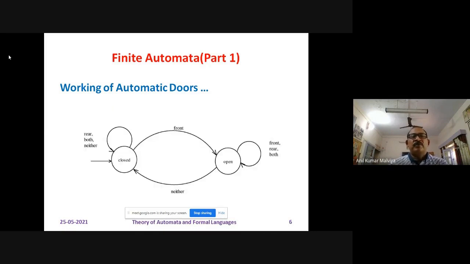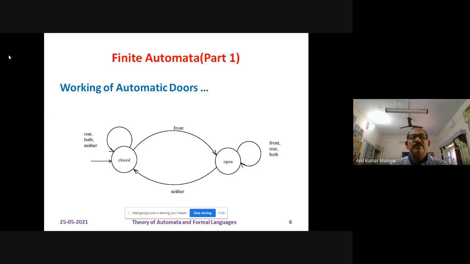Now, this figure depicts a directed graph which depicts the working of automatic doors. Suppose the automatic door machine is in a closed state, and input to this machine is front, meaning a person is standing on the front pad.